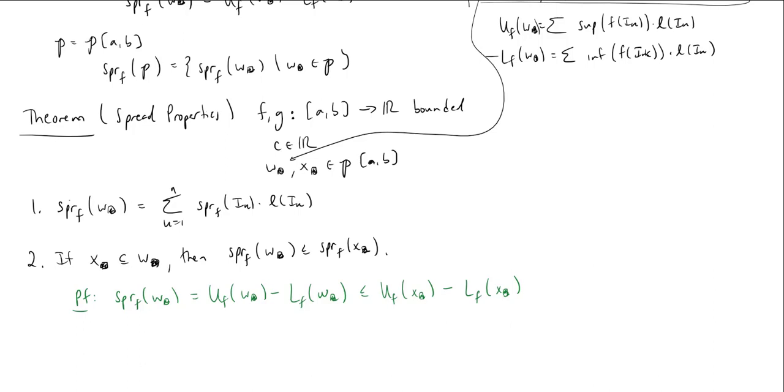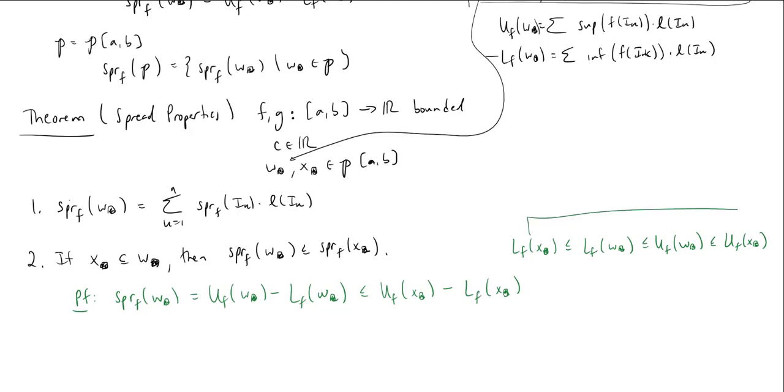refinement. If this is all seeming very strange to you, you have to remember we had this result that the lower sum of X is less than or equal to the lower sum of a refinement, which is always, of course, less than or equal to the upper sum of the refinement, which is less than or equal to the upper sum of the original partition.